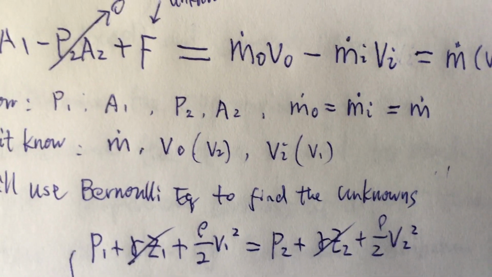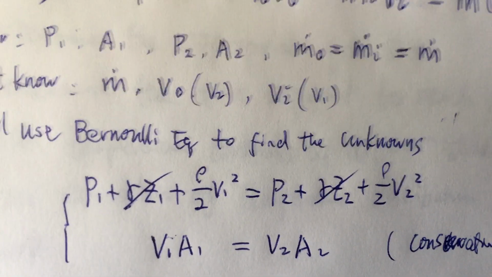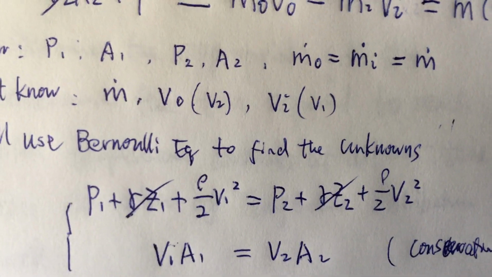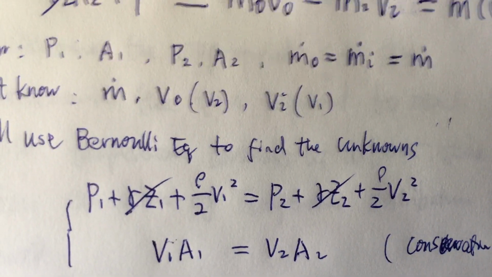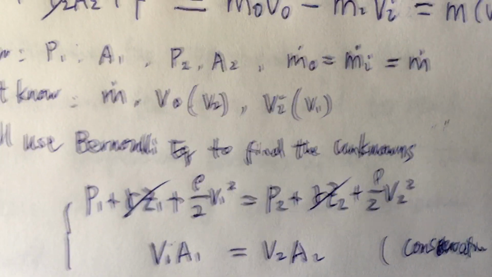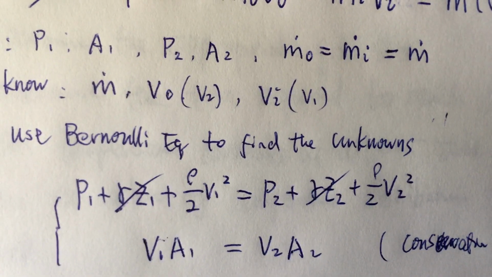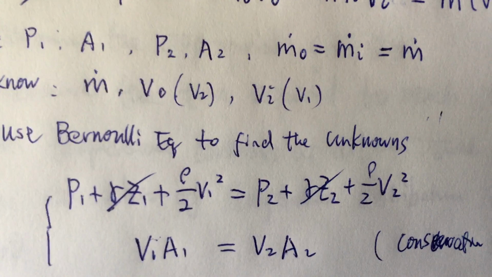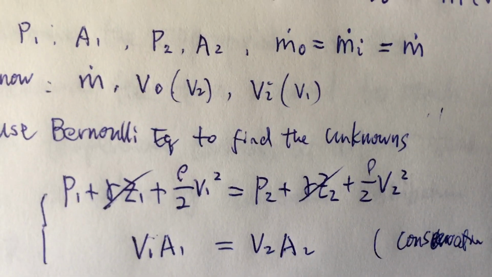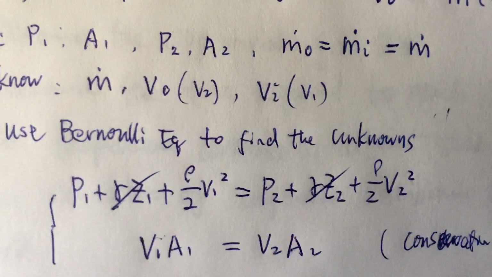Must be conservation of mass, because V1A1 equals V2A2. For this steady state, uniform velocity, the conservation of mass equation will be V1A1. Volumetric flow rates are conserved. They are equal at the inlet and outlet. You can say mass flow rate equals, right? But rho, their density, is the same.